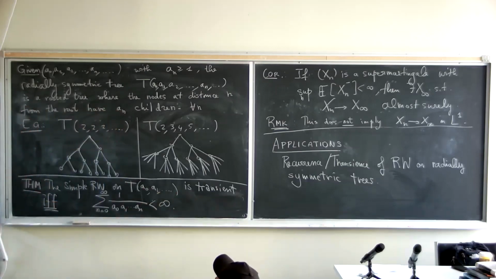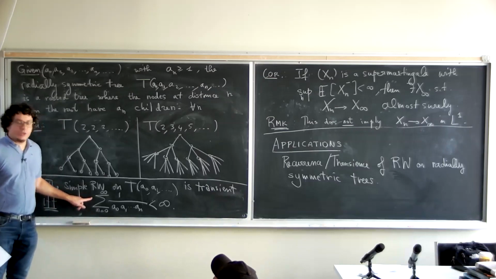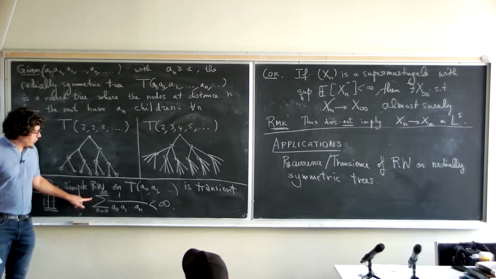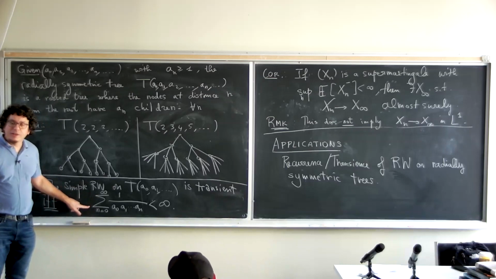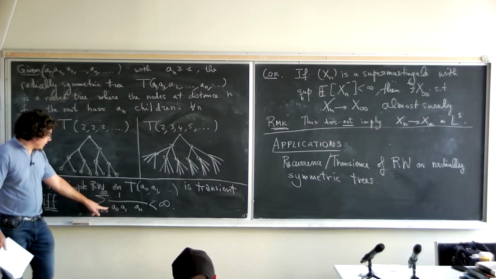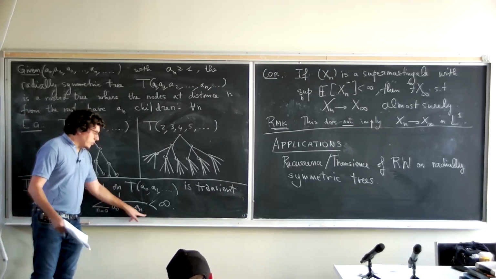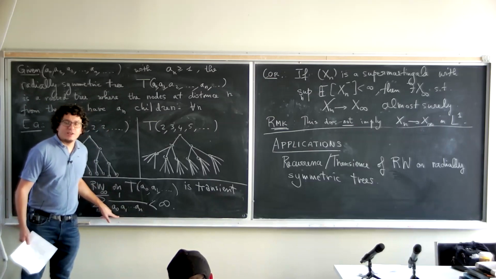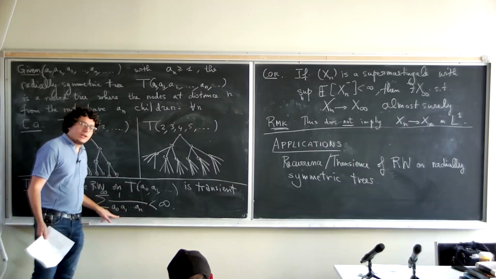In fact, as a corollary of this, it's almost always transient, because what do we need to do in order to make this recurrent? Remember that these ai are integers, bigger or equal to 1.